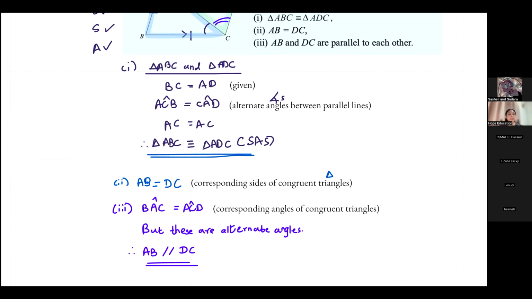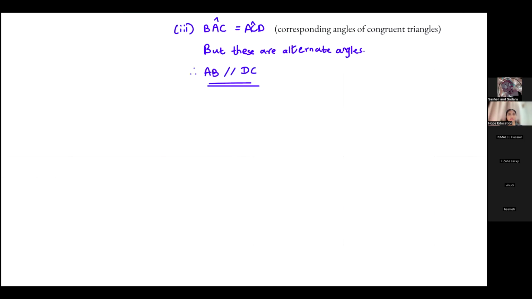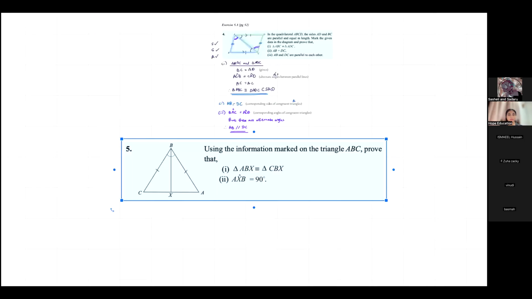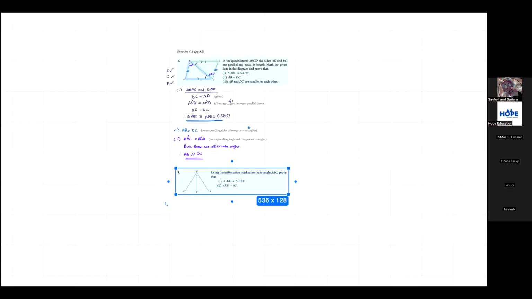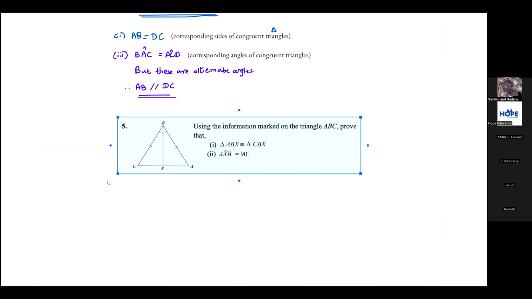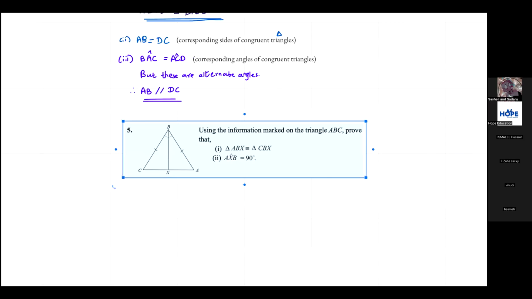Okay, let me get the 5th question to the whiteboard. Okay, let's discuss the fifth one. We have a diagram of a triangle divided at the middle.